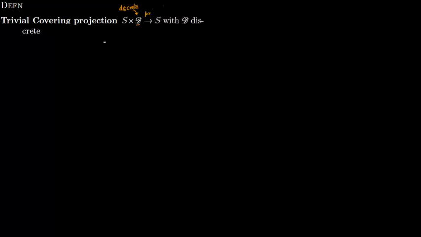So let us quickly draw an example. Say we have a circle S1 here, and we want to give its trivial covering projection. So we are just going to draw a trivial covering projection like this. These are a bunch of circles.